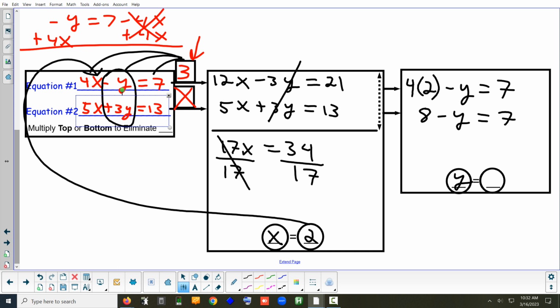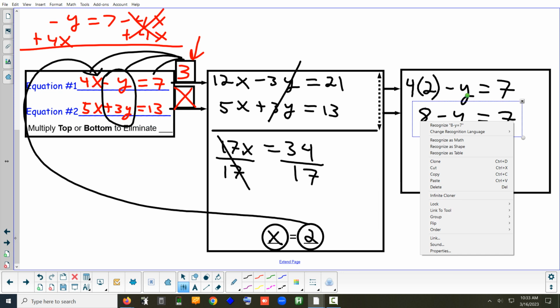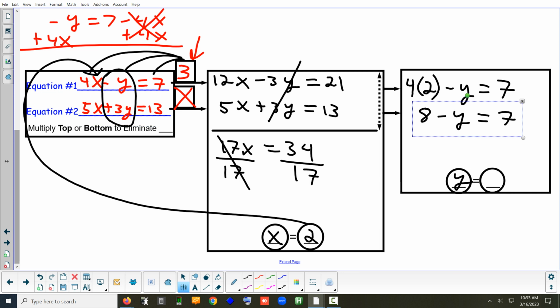Well, if we add 8, we're going to get a 16 here, and we're going to get a 15 here. We want to subtract 8 because we want something to become 0. Now 8 minus 8 is 0. That gives me negative y.